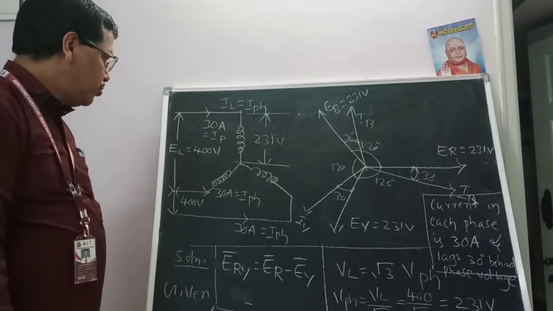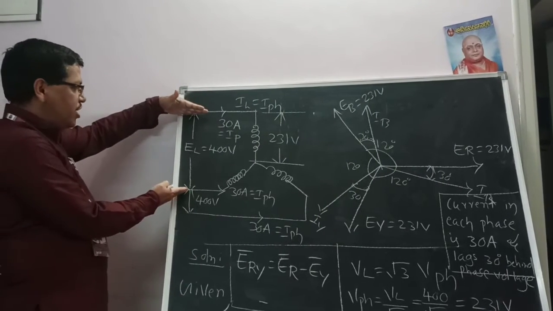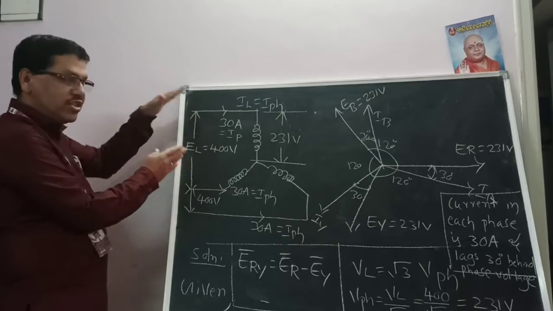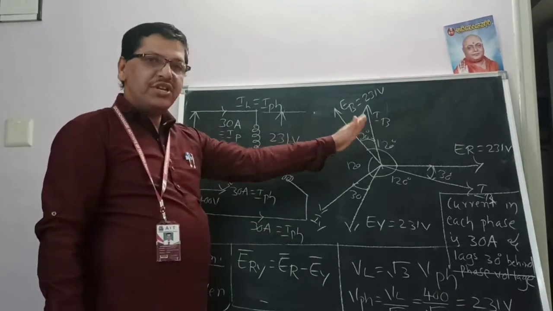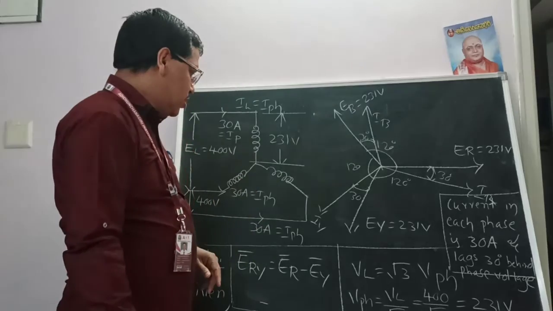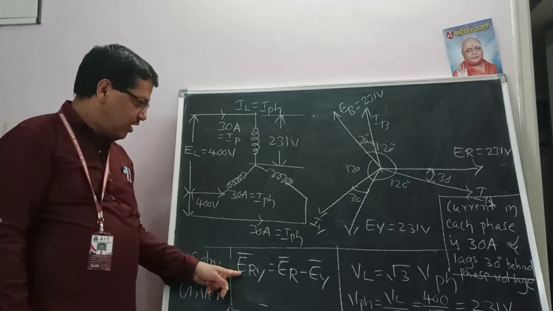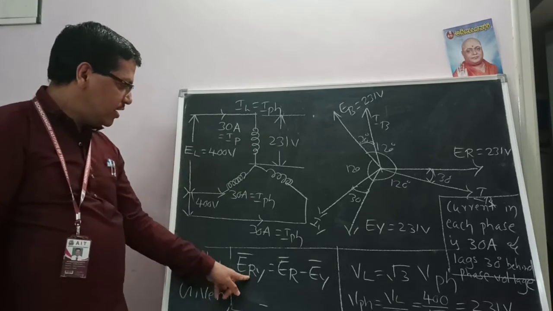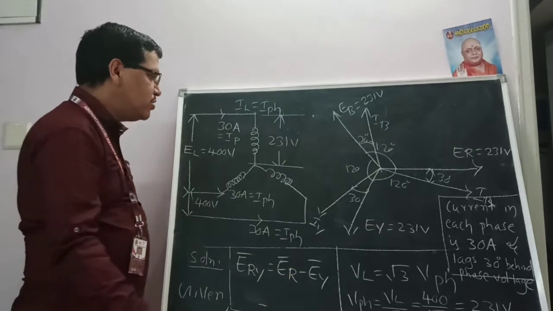But we need to show the proper line voltage. For example, this is the line voltage, the 400 volts given in the problem. That line voltage we also need to mention in the vector diagram. As usual, in the derivation of the star connection, ERY is equal to vectorially ER minus EY.